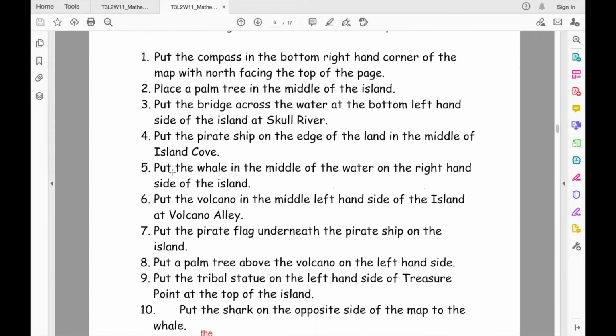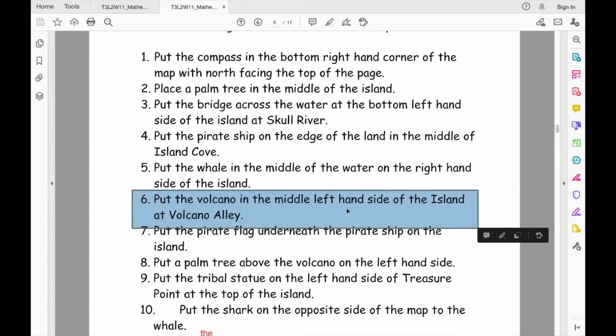Number 5, put the whale in the middle of the water on the right-hand side of the island. Number 6, put the volcano in the middle left-hand side of the island at Volcano Alley.